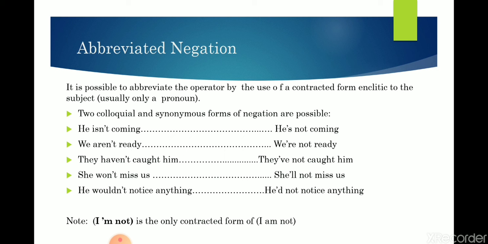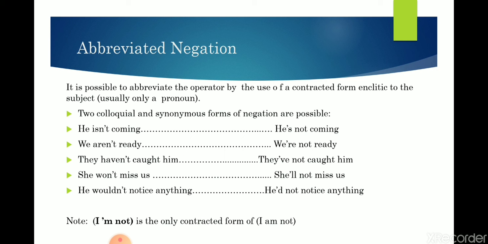We have an important note concerning a sentence that has the verb am as the operator with negative form. So a sentence like I am not a teacher, for example, has only one contracted form, which is I'm not.